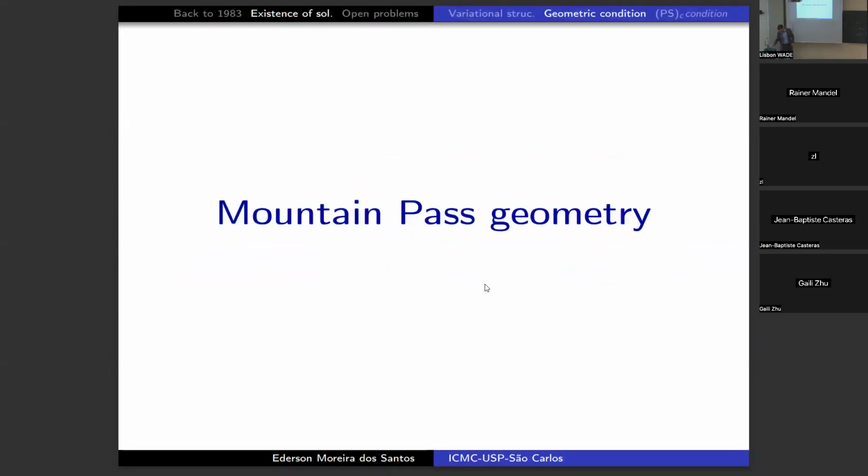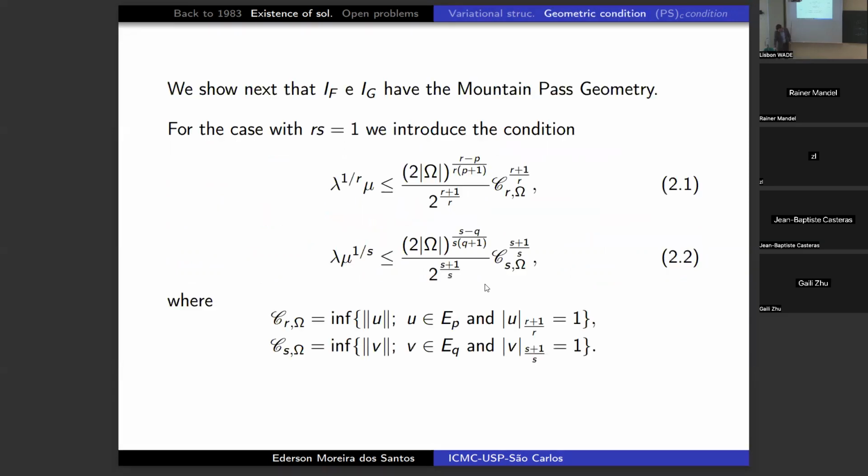And then the standard, since we are in the superlinear regime perturbation, or linear, but somehow below the principal eigenvalue curve, so we have the mountain pass geometry. Okay, and as I said, for the particular case of one homogeneous perturbation, this is the condition that we ask, this product here.